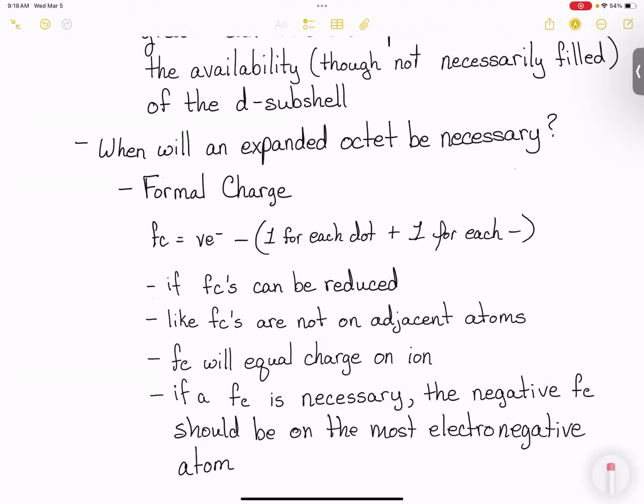We will expand the octet if in doing so, we can reduce that formal charge. We want to get the formal charge as close to 0 as possible.